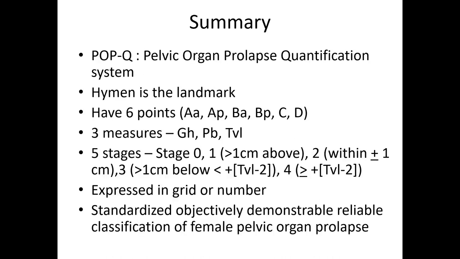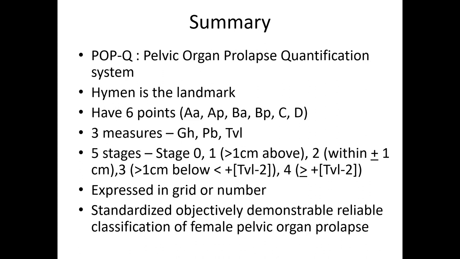So to summarize, POPQ is the pelvic organ prolapse quantification system. The hymen is the landmark. There are 6 points: AA, AP, BA, BP, C and D, and 3 measures: genital hiatus, perineal body and total vaginal length. With all the measurements, we have 5 stages. Stage 0. Stage 1, more than 1 centimeter above the hymen.